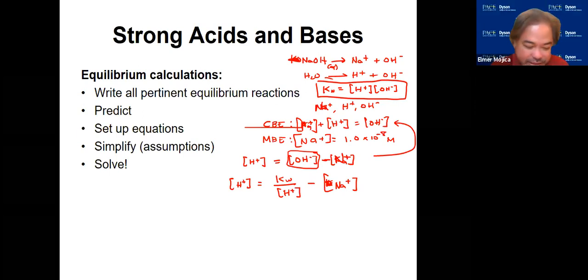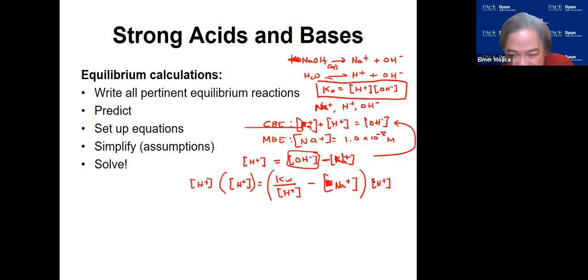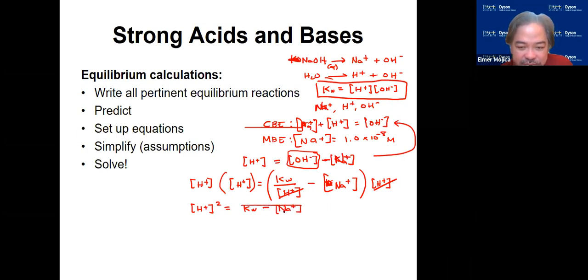And then by removing the H plus here, what did I do? I multiply both sides by H plus. And what happened? This cancels out that one. So I have here an H plus squared equals Kw minus Na plus times H plus.